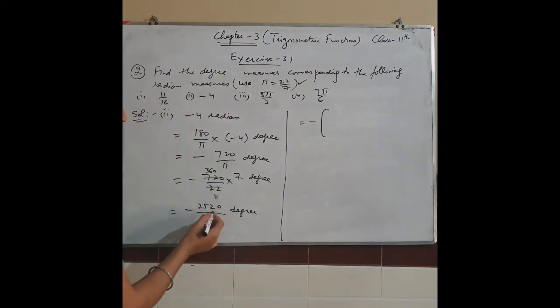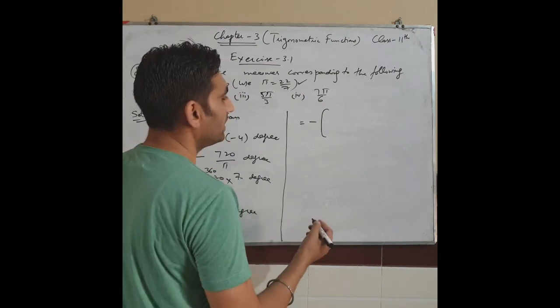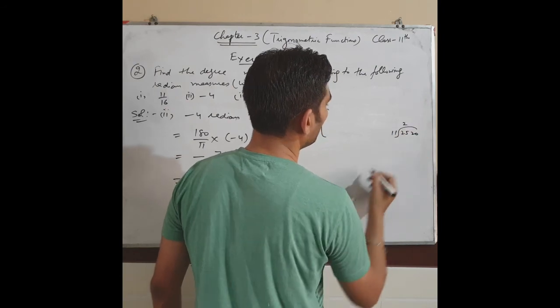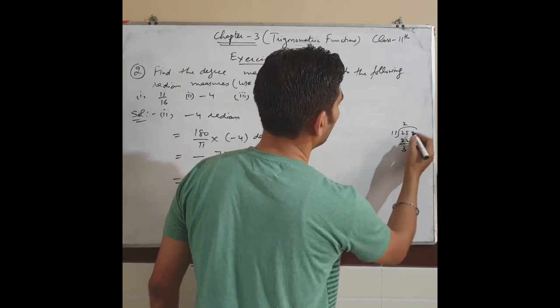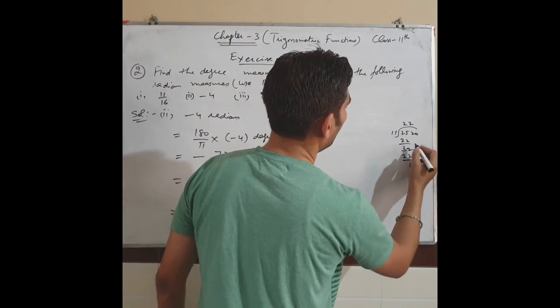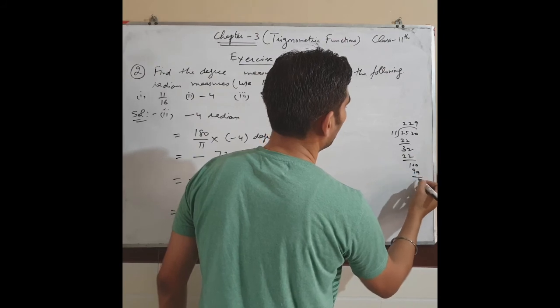Now you have 2520 over 11; divide 2520 by 11 here. See, try to divide it. It will go 22, 2 left, 3 left, 32 will go 22, 10 left, and 0 will go 9, 99, 1 left.